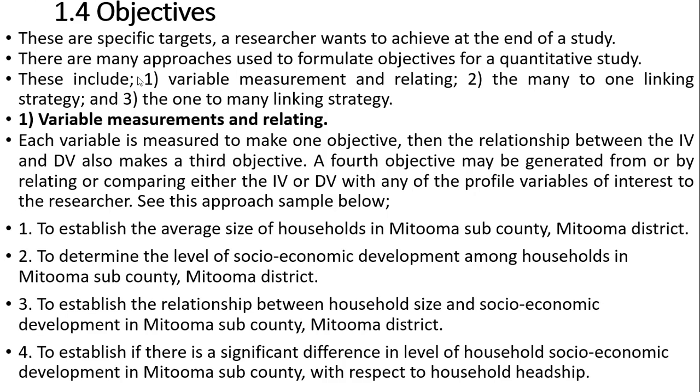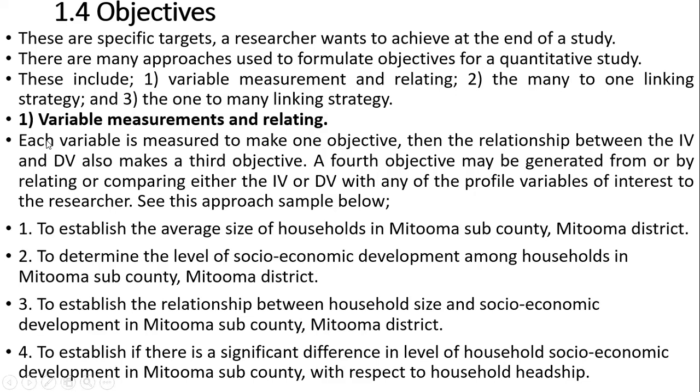So how do we break the purpose into specific targets? We said there are many approaches we can use. One of them is called the variable measurement and relating, the many-to-one linking strategy, and the one-to-many, as we can see them here.